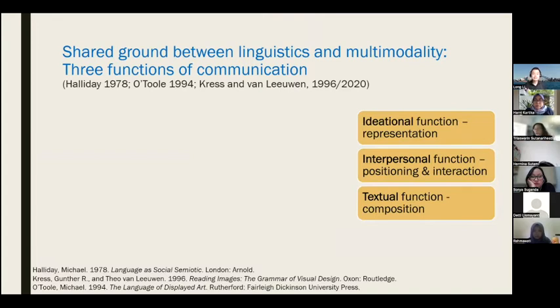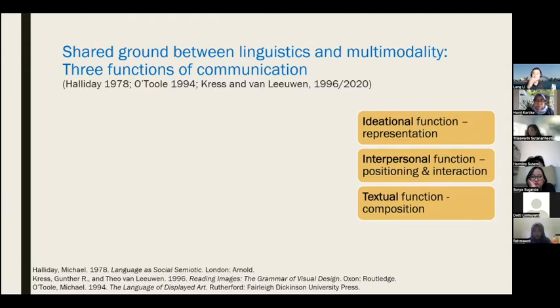So one important benefit to scholars who handle multiple languages is that there is shared ground between linguistics and multimodality using this framework, in that any text realizes three functions at the same time, whether the text is verbal or visual or a mix of verbal and visual.